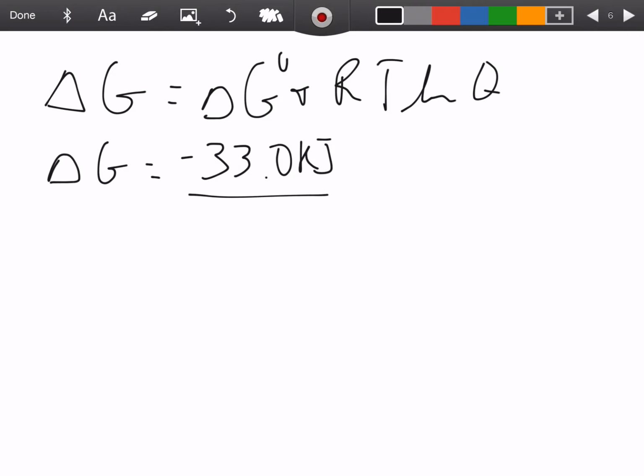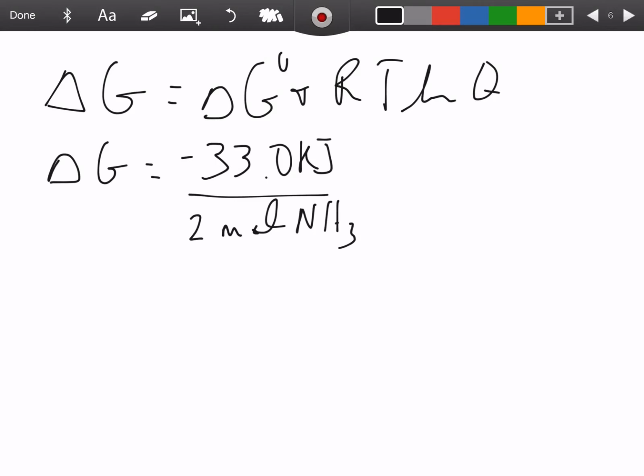No, that is not right. That should be minus 16.5 kilojoules per mole of ammonia. So it's negative 33 kilojoules for every 2 moles of ammonia. So I can still use that number, but I need to put a 2 down there.